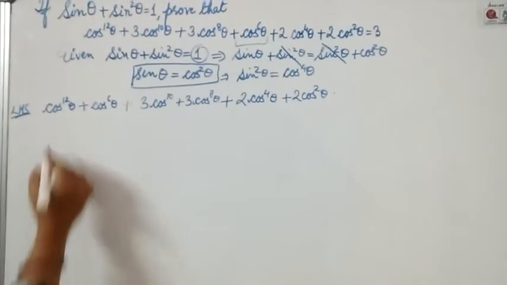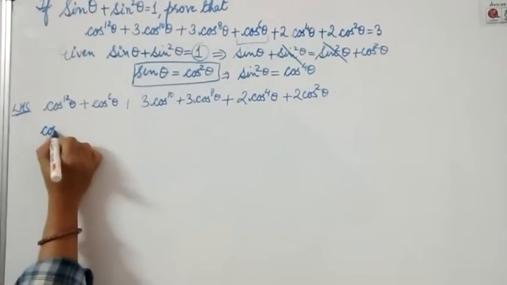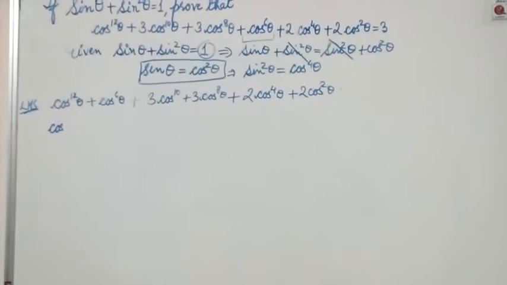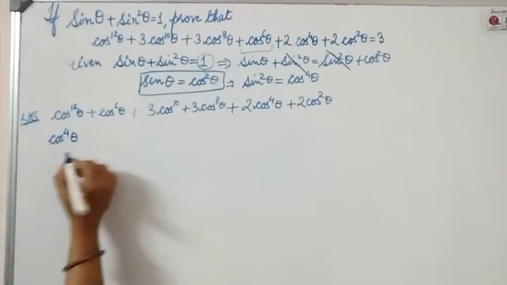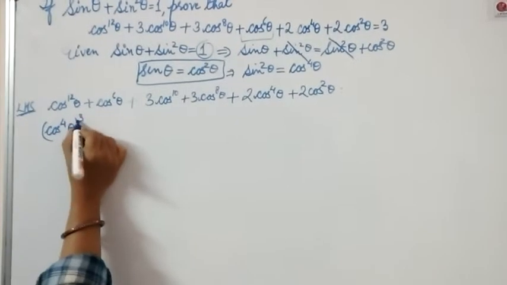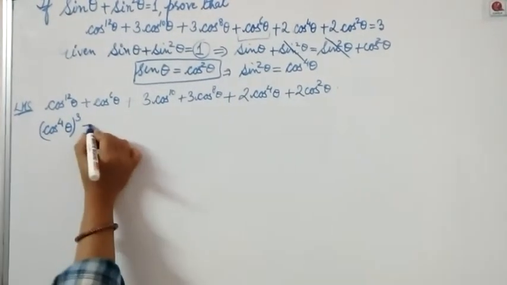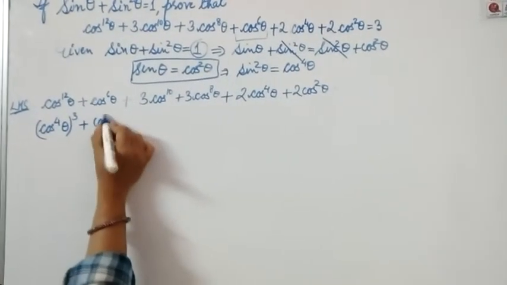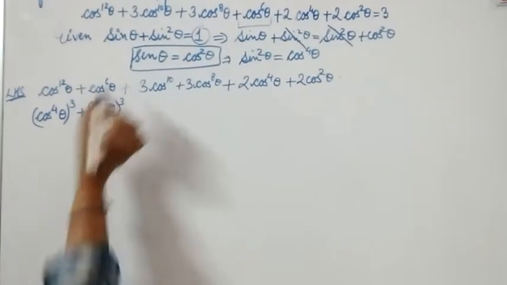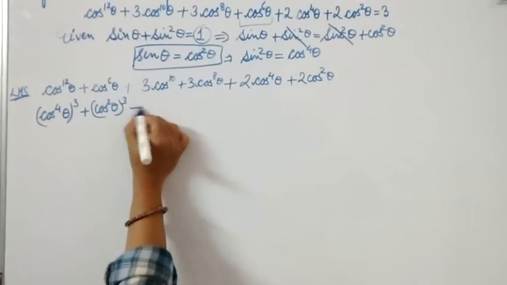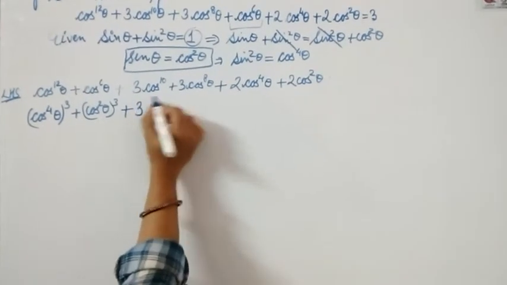Now cos to the power 12 theta we are going to break like this. We know 12 is equal to 4 into 3. So using the law of exponent, I can write it like this. 4 3s are 12. Here I will write cos square theta to the power 3, because 2 3s are 6. I can write it, right? Now I can write like this.